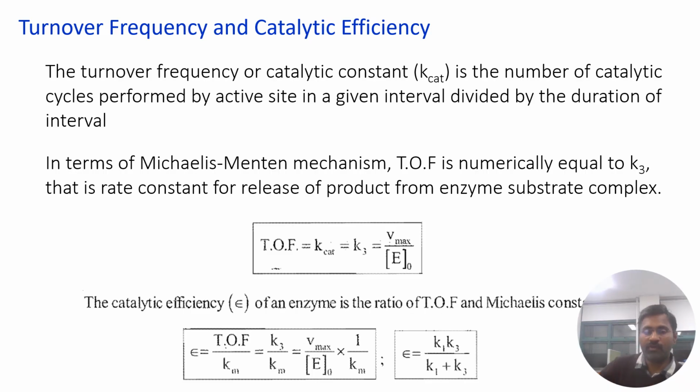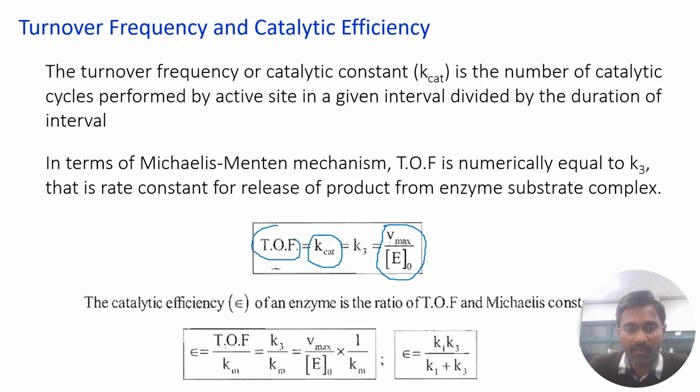This turnover frequency in enzyme catalysis is also the same as k catalytic, the catalytic constant, which is equal to Vmax by E naught. Vmax is the rate maximum, E naught is the initial enzyme concentration. So you get a higher TOF when you have a low concentration of enzyme, and if this low concentration of enzyme can induce a high rate of reaction, that gives you the turnover frequency.